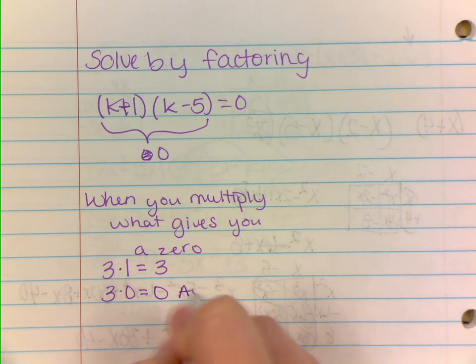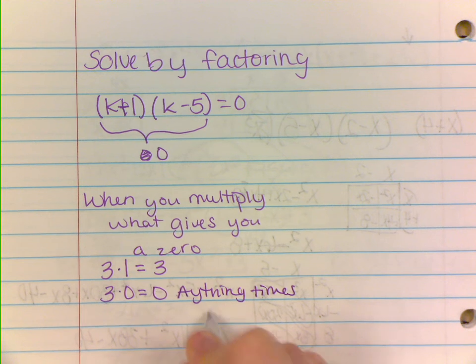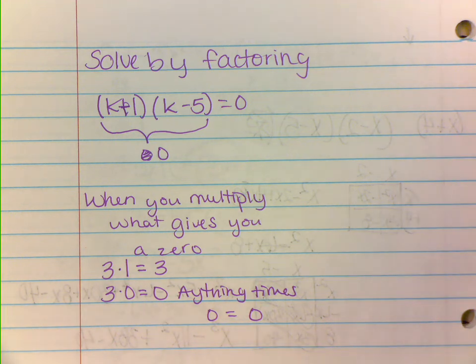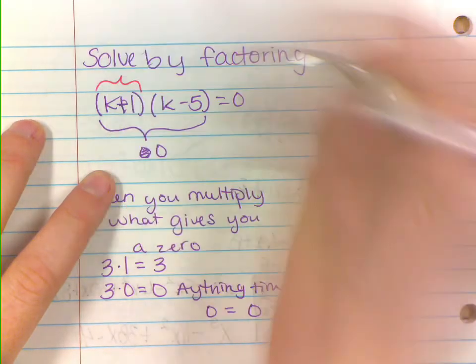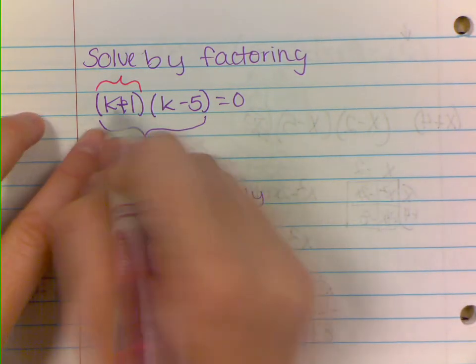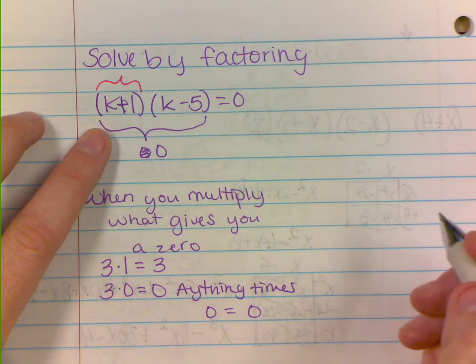Anything times 0 equals 0. Everybody agree with that? Anything times 0 equals 0. So what could I do to this parentheses right here to make it equal 0? Because again, if I make this equal to 0 and I multiply this, what would it be? 0.